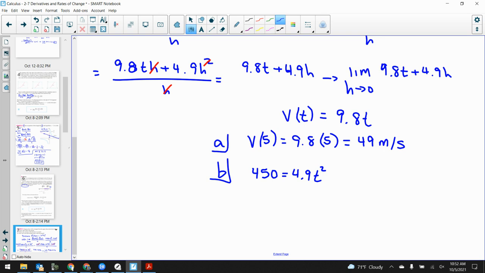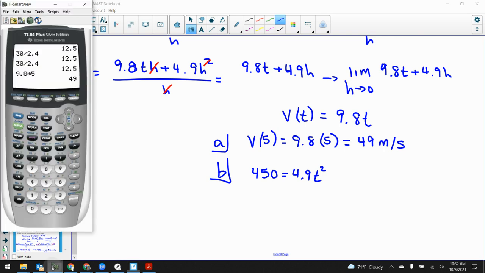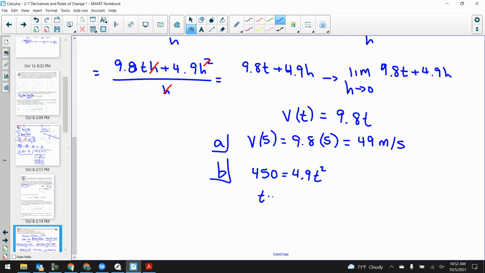The solution to this is the time when the ball hits the ground. So 450 divided by 4.9, and I take the square root of that, and it's approximately 9.58. t is equal to 9.58 seconds. That's when the ball is going to hit the ground.